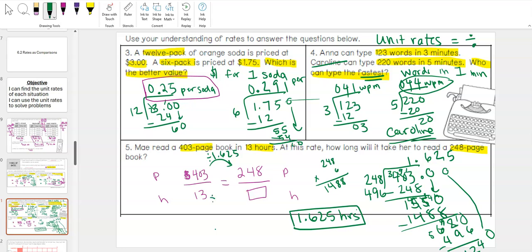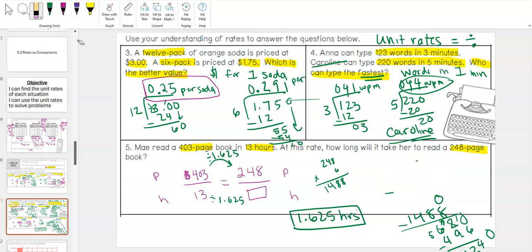So now I would have to do the same thing to 13 to figure out my answer there. So I'm going to erase my long division here so that I can have room for this new long division problem.